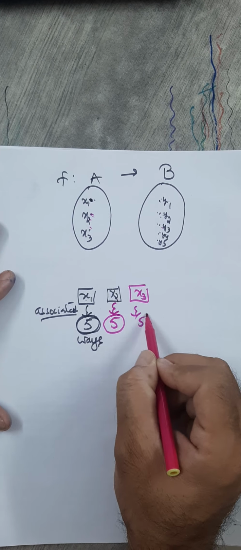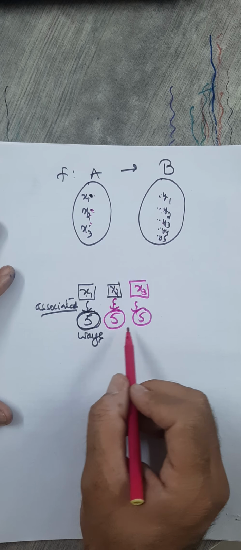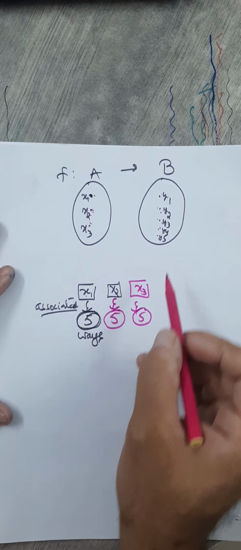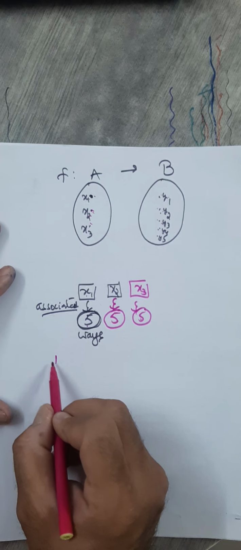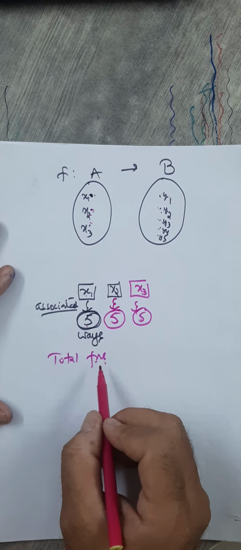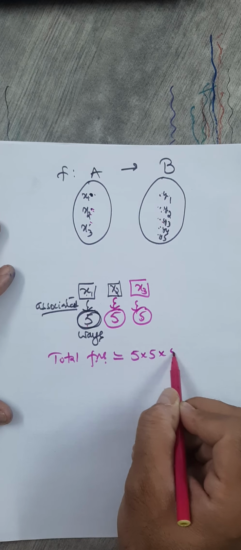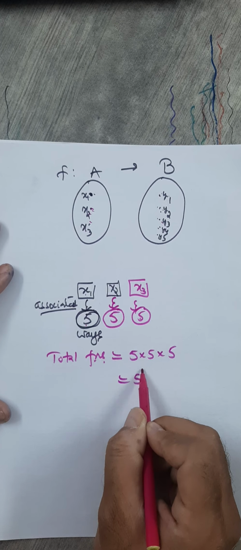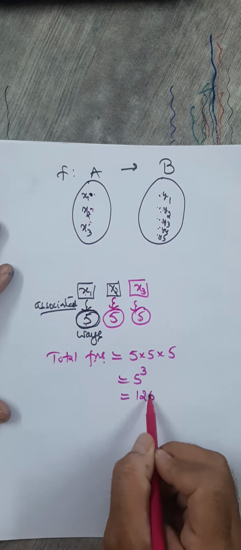That means 5 ways. So by the counting principle, the total number of associations will be 5 into 5 into 5. So the number of functions equals 5 into 5 into 5, that is nothing but 5 raised to 3, and that would be 125.